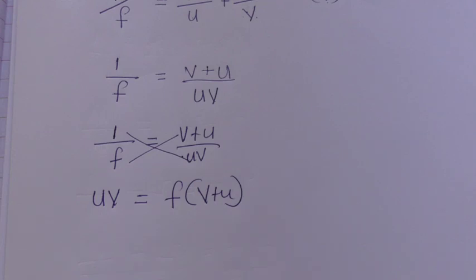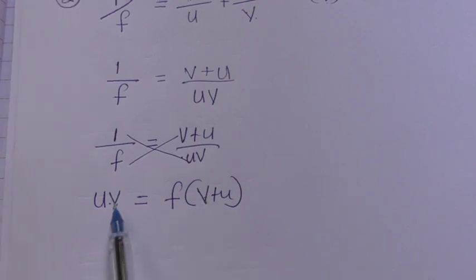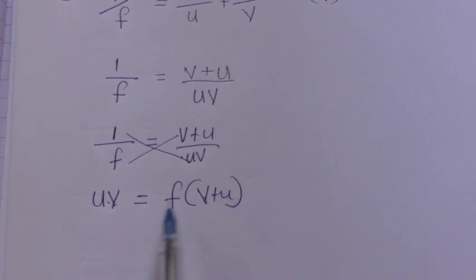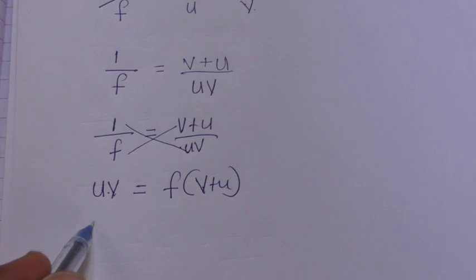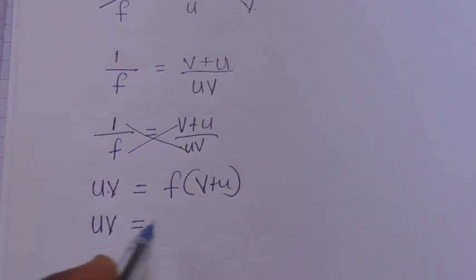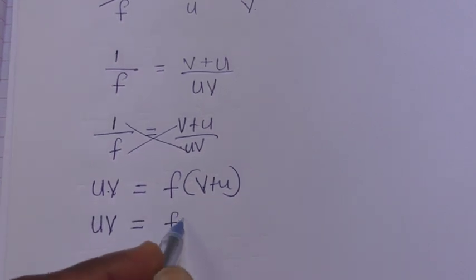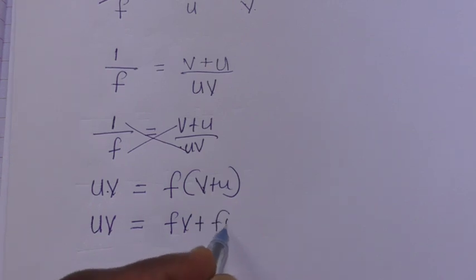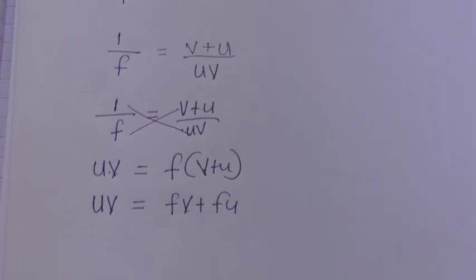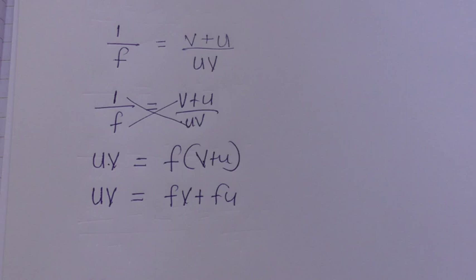Then, since we want to make v the subject, but v is appearing on either side, we first open the brackets. That gives us uv equals fv plus fu. Then we collect like terms. Those terms that are having v are put on one side.